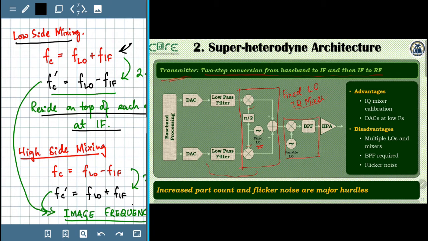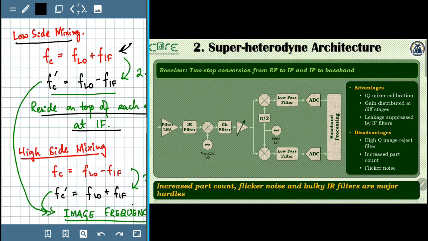It has 0 frequency components, and the flicker noise in this region is much higher as compared to the high frequency part. So overall, we see that increased part count and flicker noise are the major hurdles. Similar is its diagram at the receiver side.